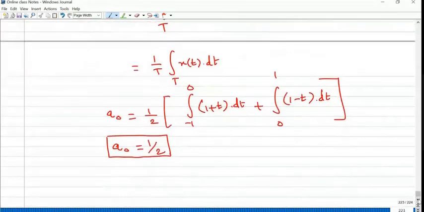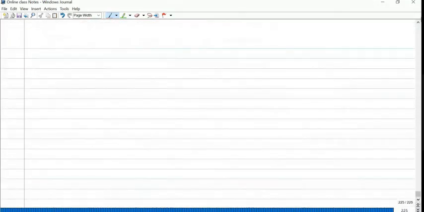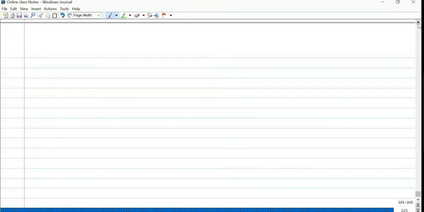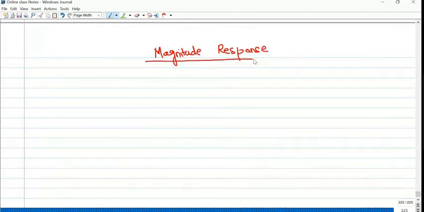Now in the question, we need to draw the magnitude response, or magnitude spectrum. Your answer for ak, the exponential Fourier series coefficient, should actually be in the form of a plus jb.